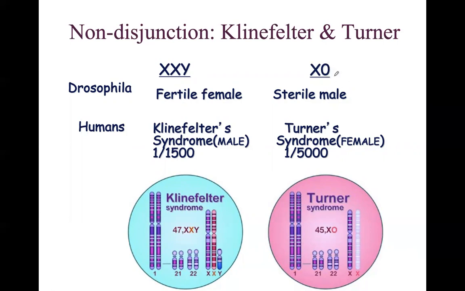You're missing the Y. In humans, you can also have this. We have humans that have XXY and X null. It's survivable. In humans, if you have XXY, because it's got the Y, this is actually going to be a male.